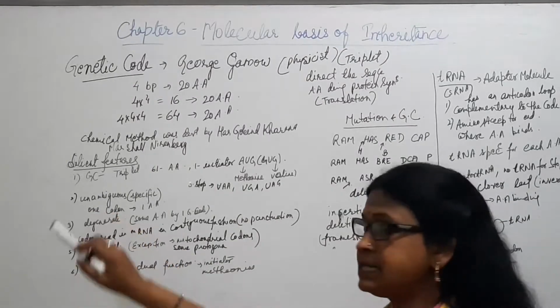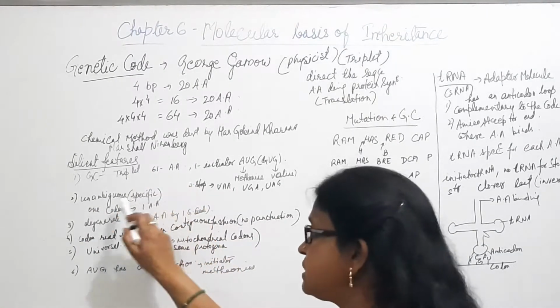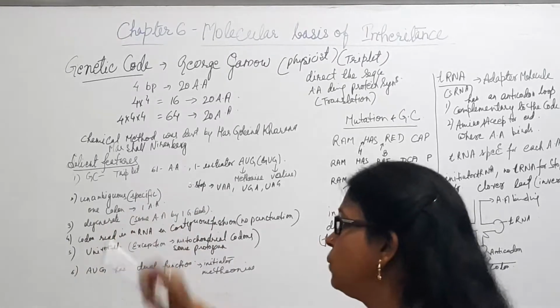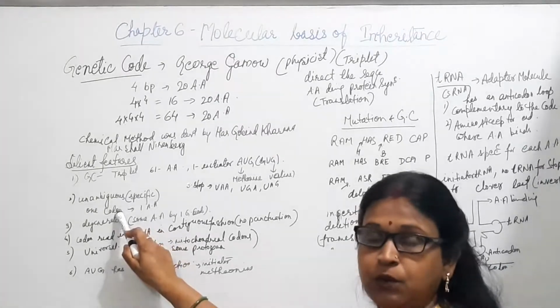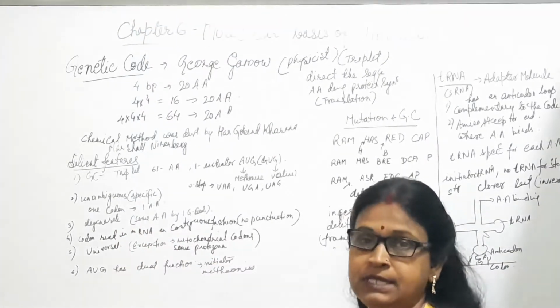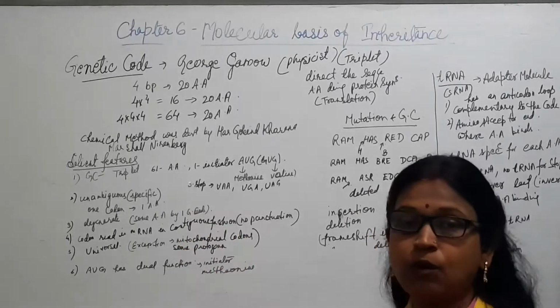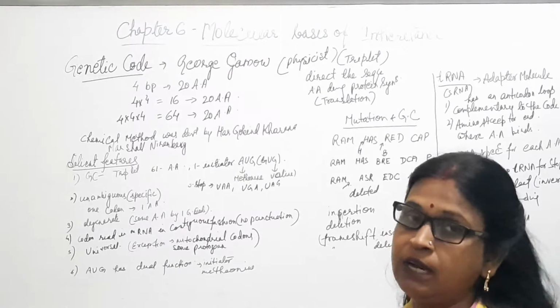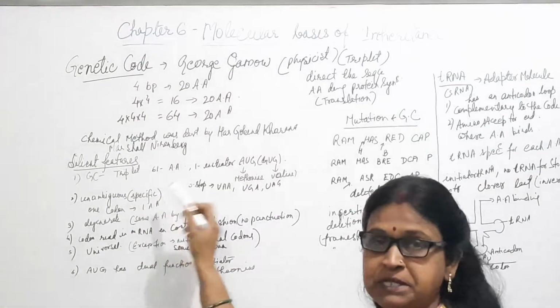Now, the second salient feature is the genetic code is specific or unambiguous. That means one codon will only code for a single amino acid. Not any codon will code for more than one amino acid. That's why it is known as unambiguous or specific.